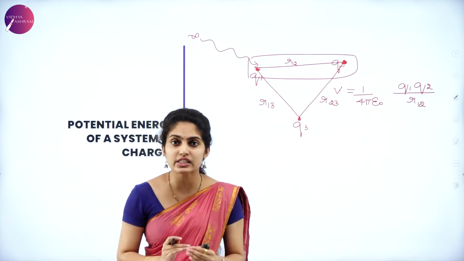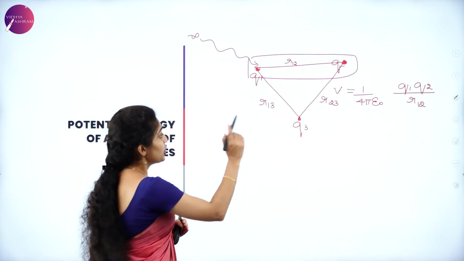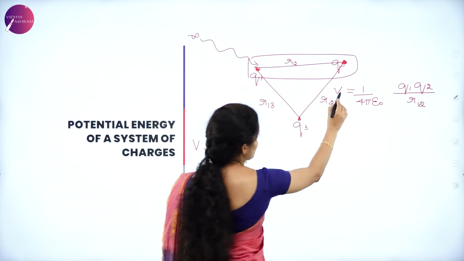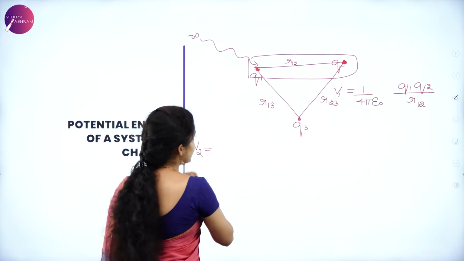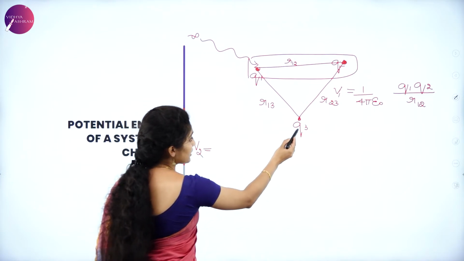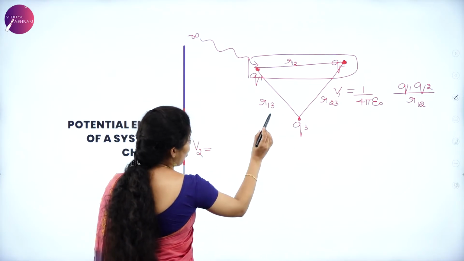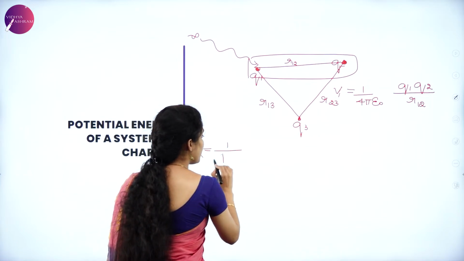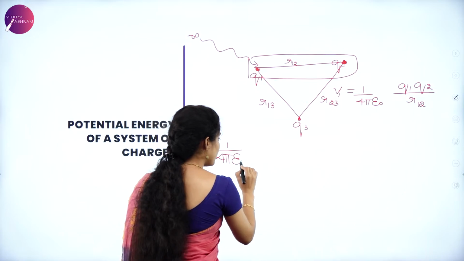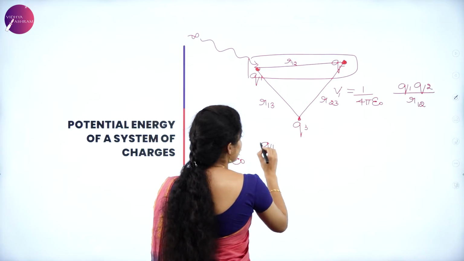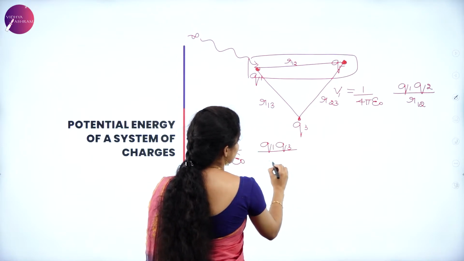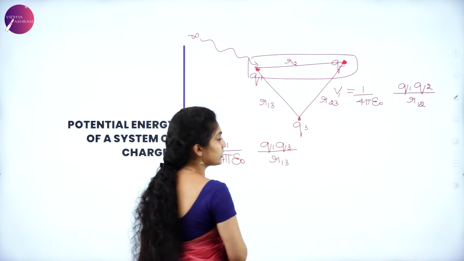So how is the equation you're supposed to write? Suppose this is V1 and this is V2, the second equation can be written as, on Q3, Q1 acts first, so it can be 1 by 4 pi epsilon naught Q1 Q3 divided by the distance between the two, R13.